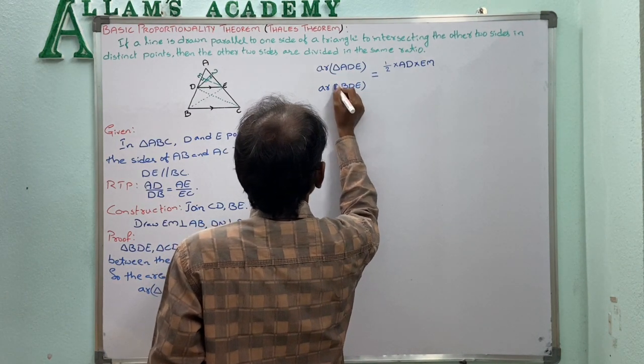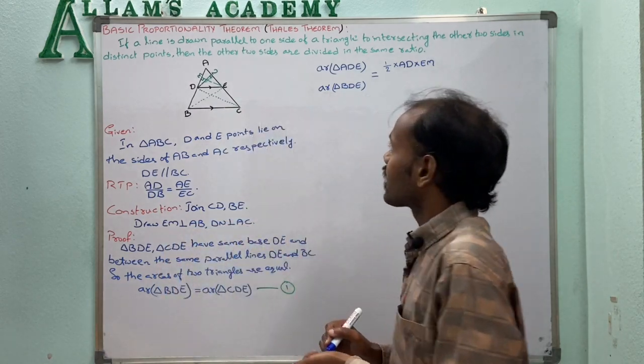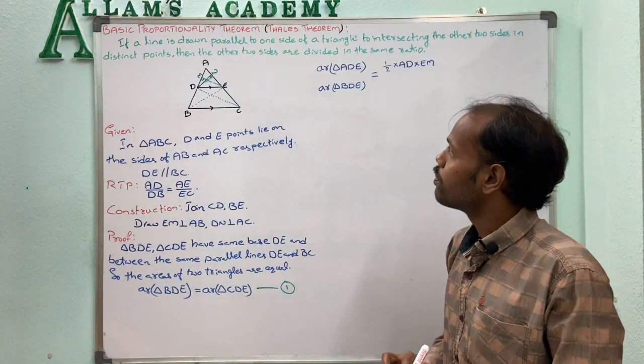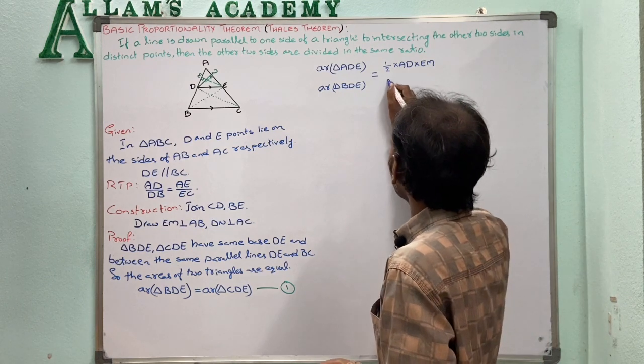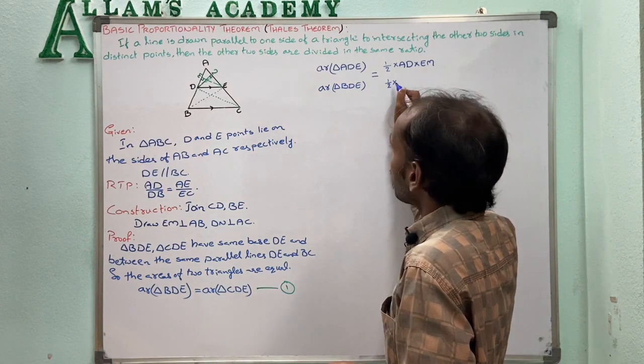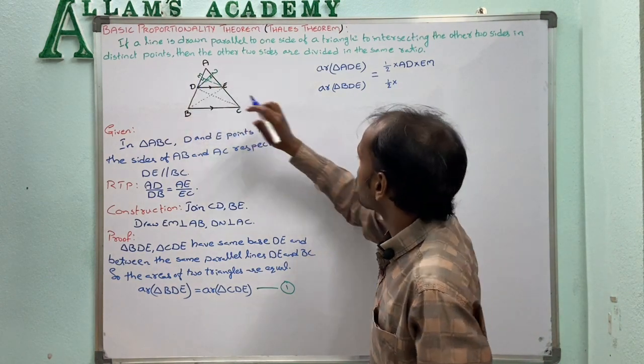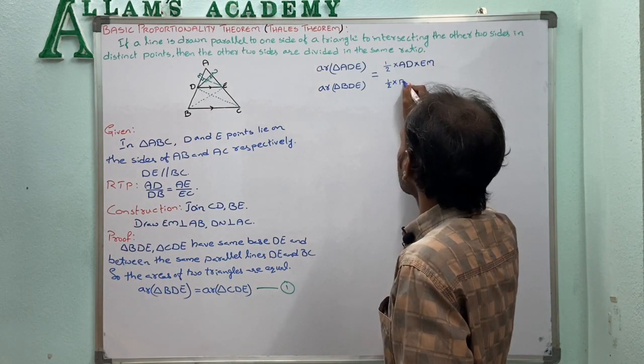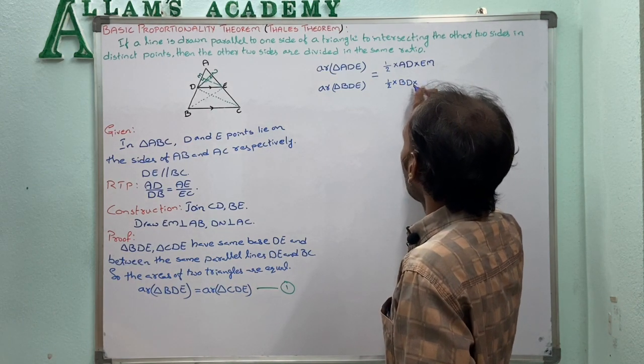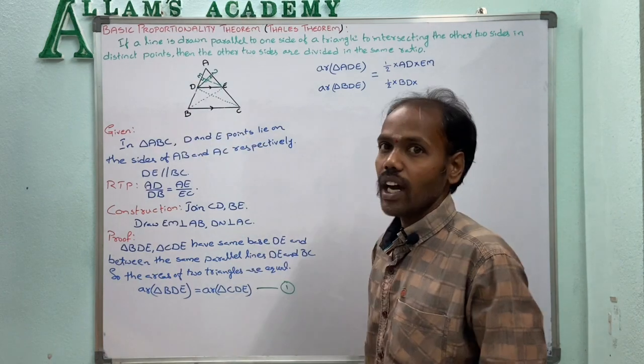So here also the area of the triangle is half into base into height. I take the base as BD, and the height we have to find.